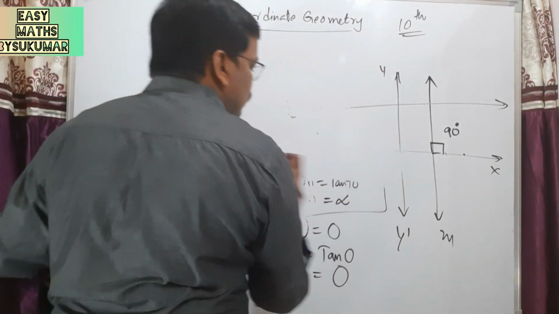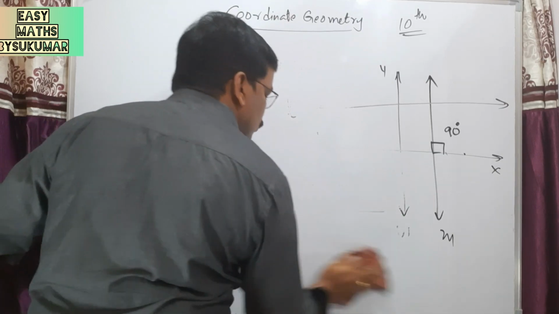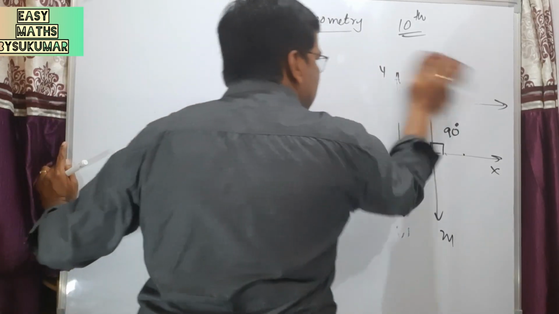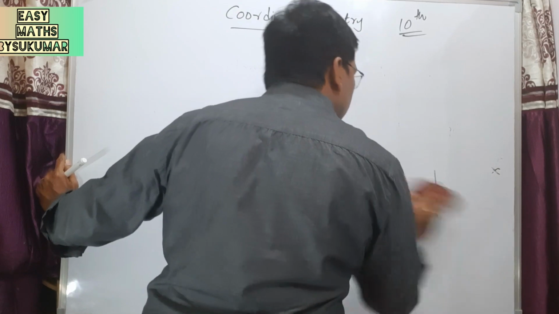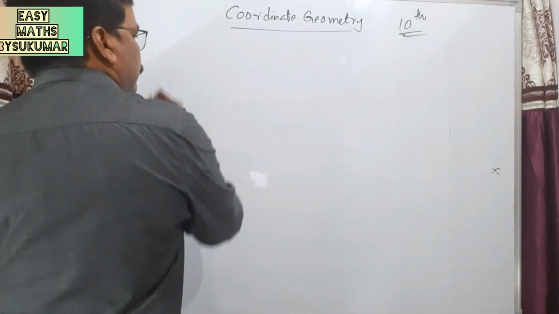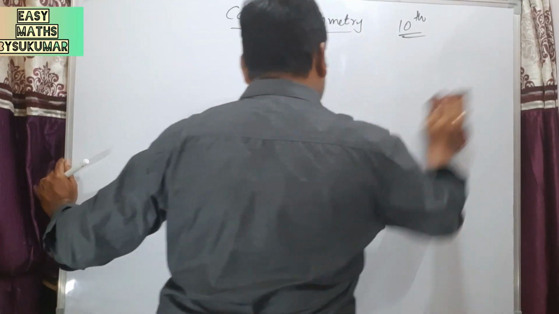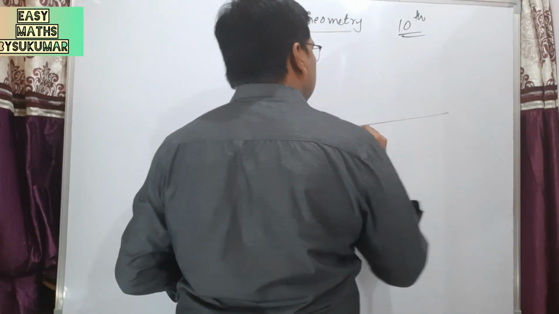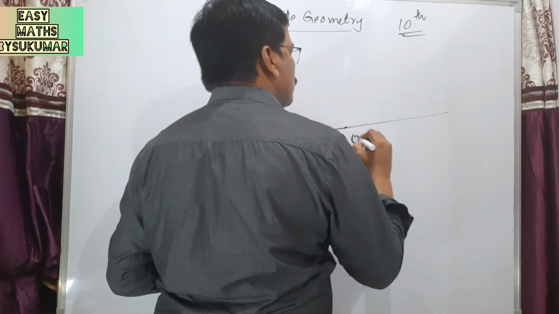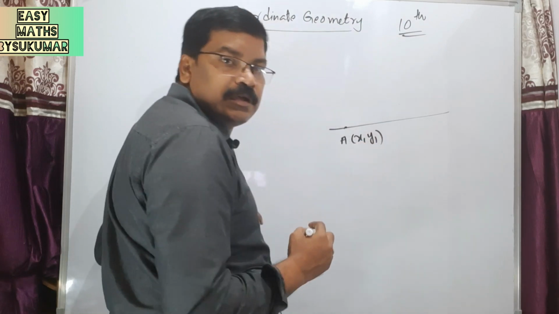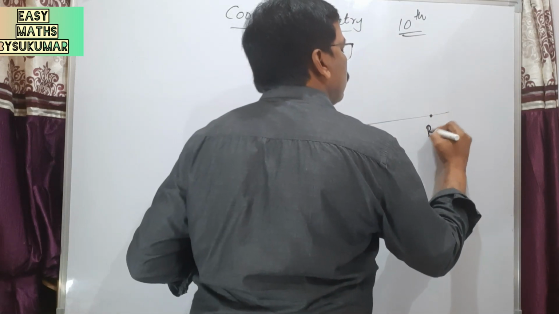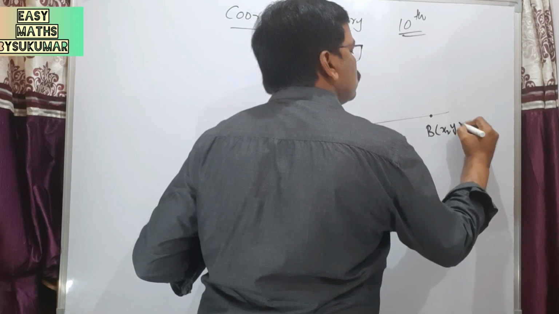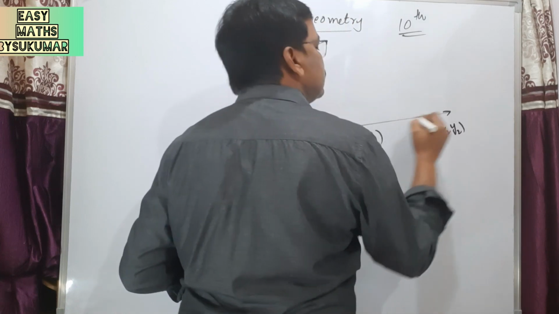Now coming to the slope when two points are given. This is capital A, x1 y1, and capital B is another point, that is x2 y2, on a straight line here.